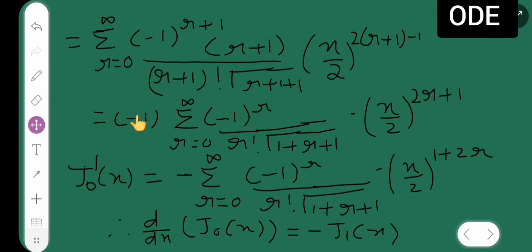So minus 1, and then the summation of r equals 0 to infinity of (-1)^r will remain, and then r factorial, and the gamma of 1 plus r plus 1. I have written it in this form, just interchanging, 1 plus r plus 1, and this (x/2).